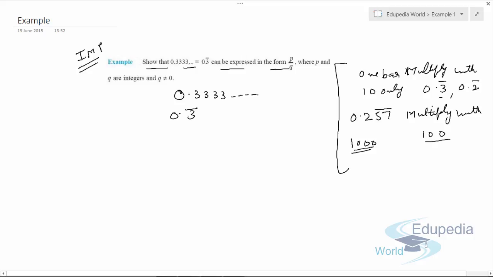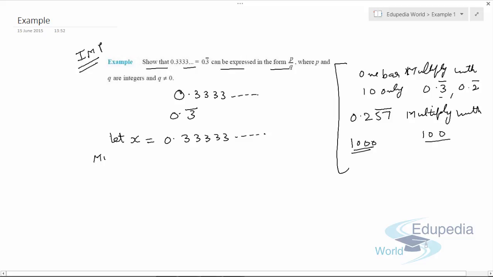So you have to notice this part very carefully. Now the next step is, let x equal 0.3333, and it goes on like this. Then the second step is, we have one bar over one number, so we multiply both sides of the equation by 10.